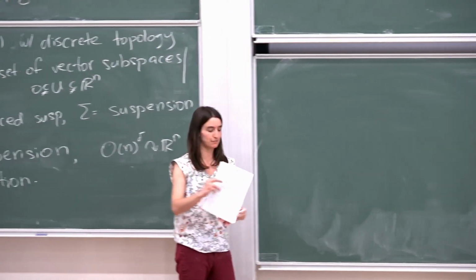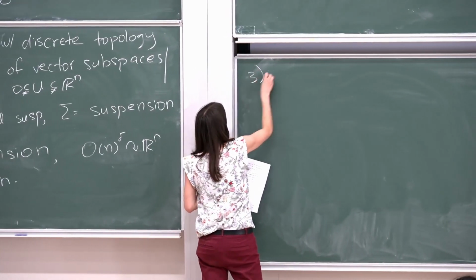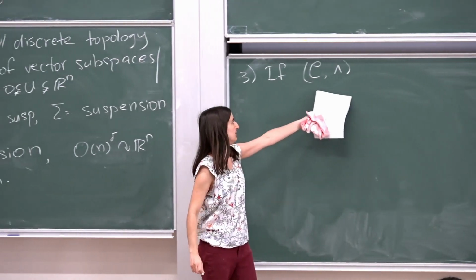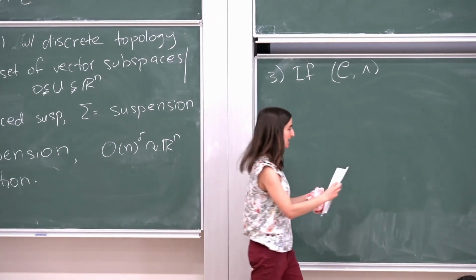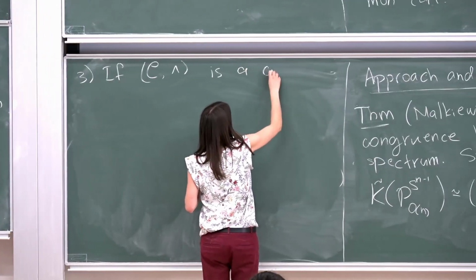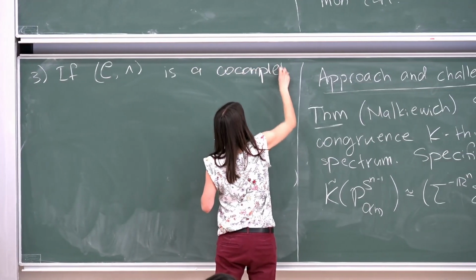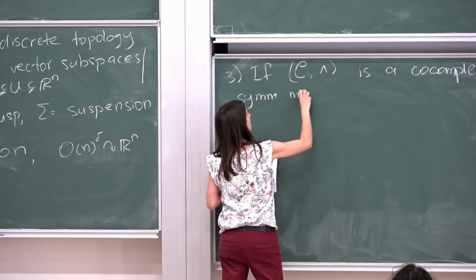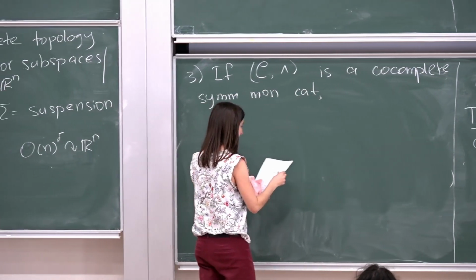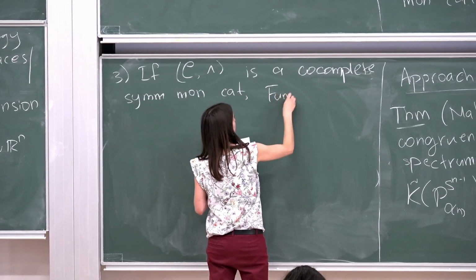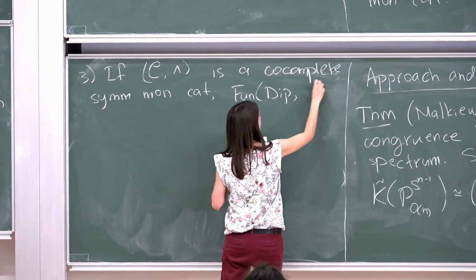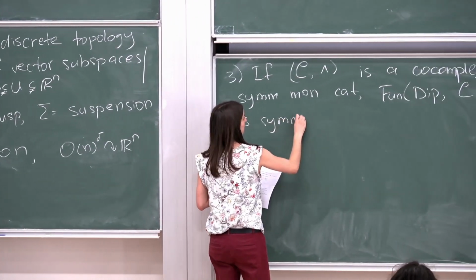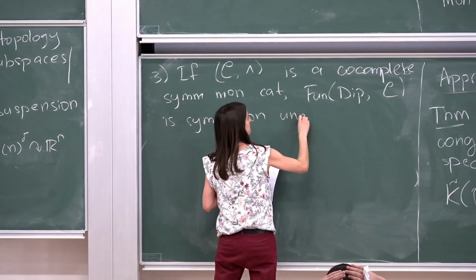And the third thing is the Day convolution. So if C, with a product that I'll denote smash, is, let's say, a co-complete symmetric monoidal category, then the category of functors from DIP to C is symmetric monoidal under Day convolution.